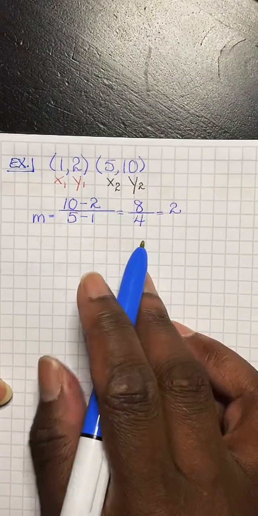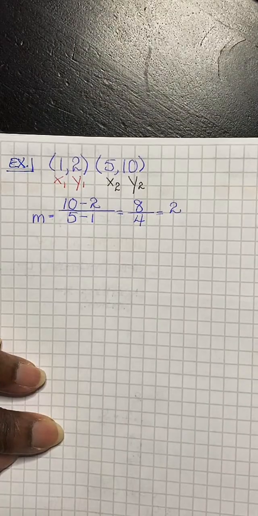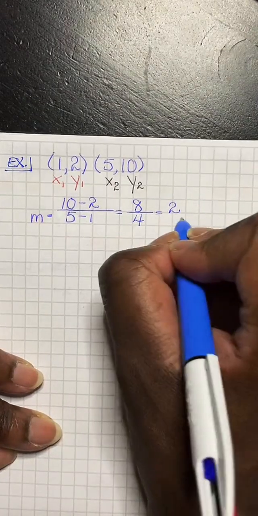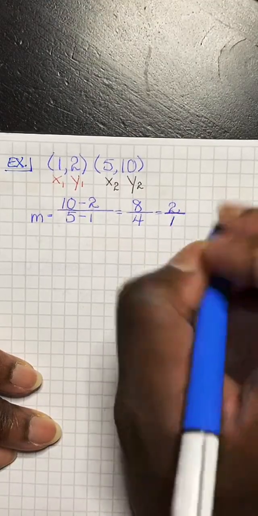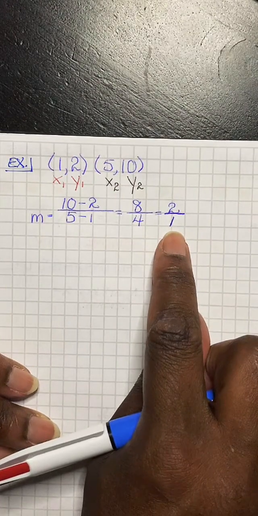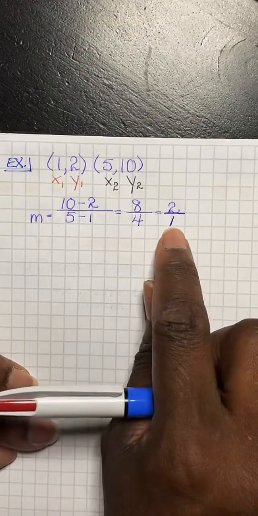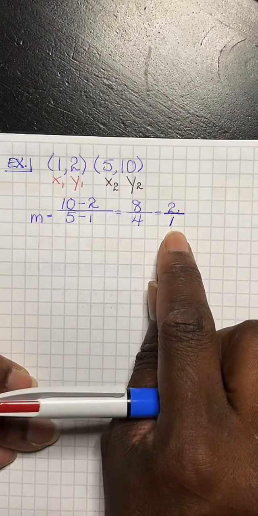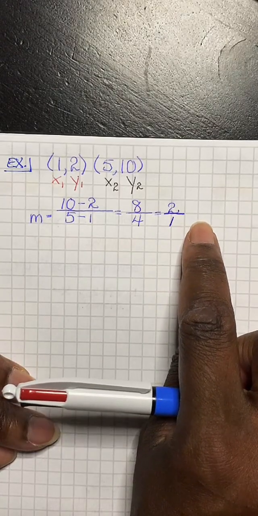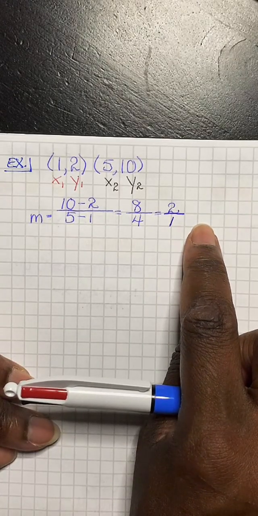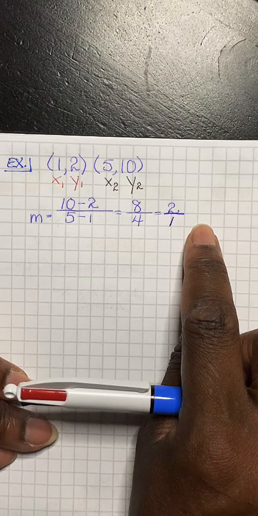Now, if you want to, as a true ratio, because that's what slope is, it's really over 1. The reason I'm saying this is when we get into graphing, which is coming up, we need a rise over a run. So when you see that your slope is equal to 2, you assume, which is a good assumption, that your denominator is going to be 1.